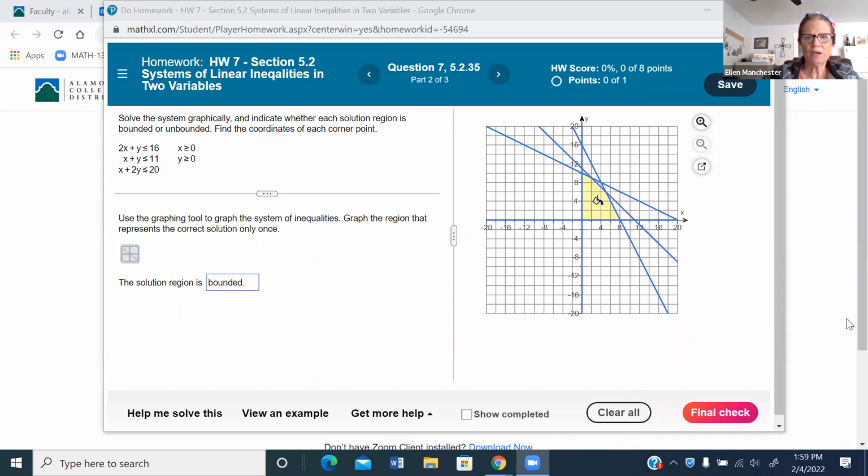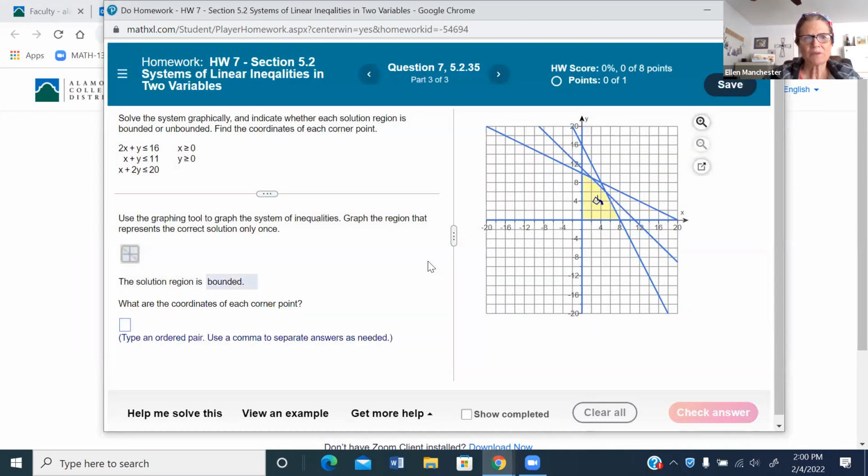Okay, so I'm going to do a final check. They only give you one choice on this one. Now, what are the coordinates of each corner point? As I said, the corner points are the new part of 5.2. The corner points are where we look at our feasible region.